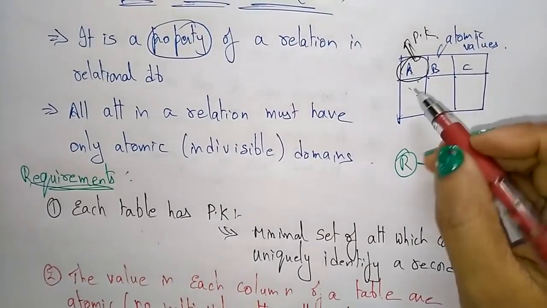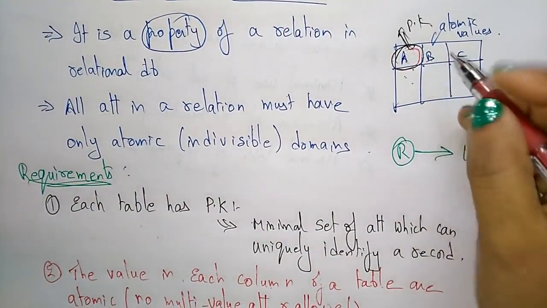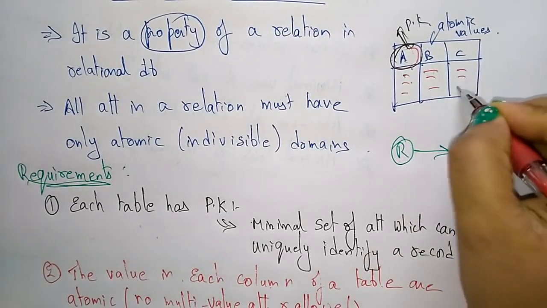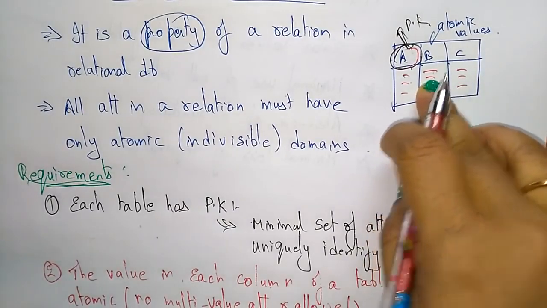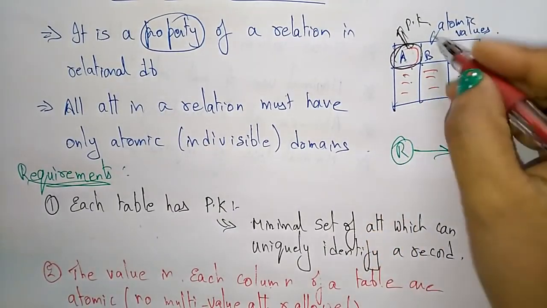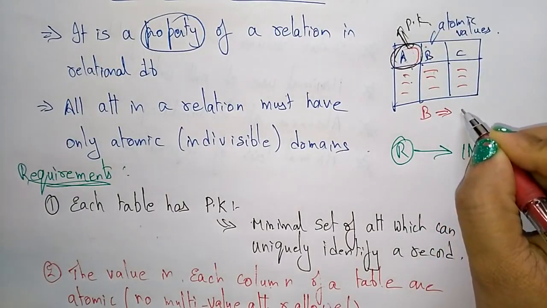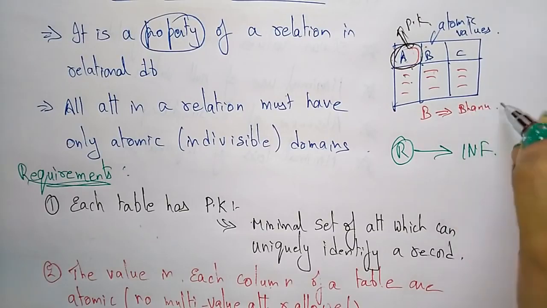So first it has to hold the primary key, and second, each value of a table, the tuples, must be atomic; you have to hold only one value. Suppose attribute B holds only one value, say the name Bhanu. This will be allowed.